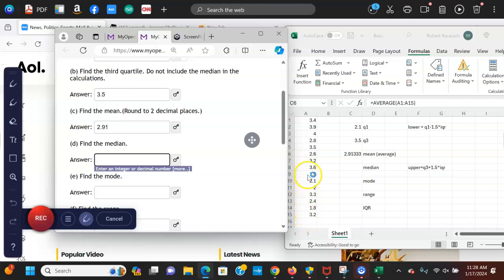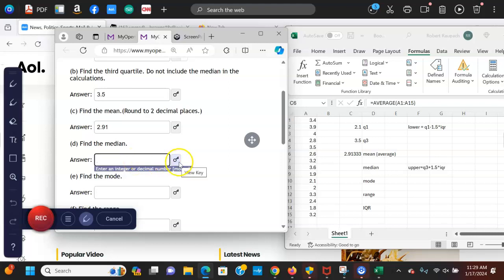If there's 15 data points, the eighth highest would be the median because then you have 7 lower and 7 higher. These aren't in order, so I don't know what it is.